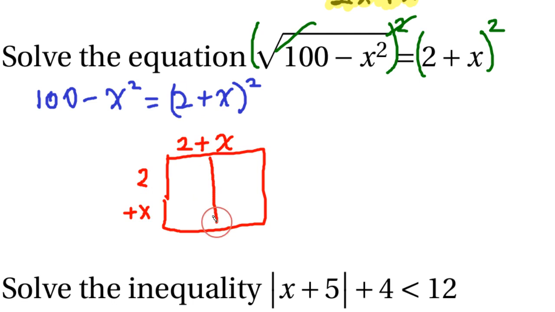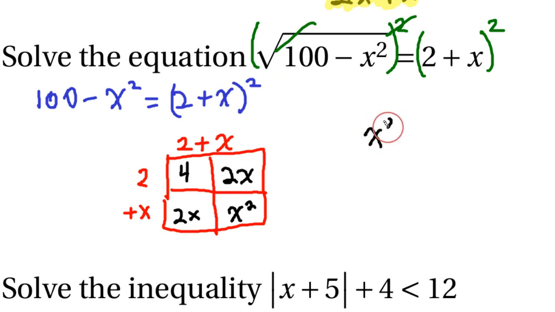When I divide this up, I'm going to see that this gives me 2 times 2 right here, which is 4. This is going to be 2x, 2x, and then x squared. So this entire parenthesis is actually going to turn into x squared plus 4x plus 4. And it is still equal to the 100 minus x squared that we had on the left.